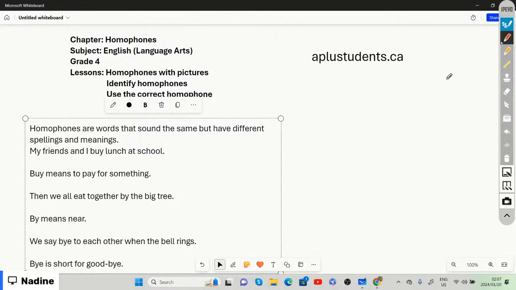Homophones are words that sound the same, but they have different spellings and meanings.